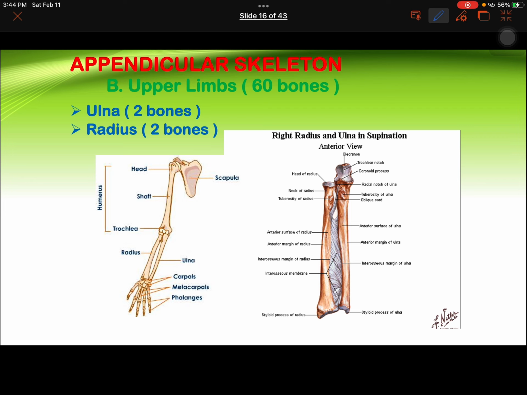The radius and the ulna are found distally. The radius is the one connected to the thumb, and the ulna is the one connected to the pinky finger.